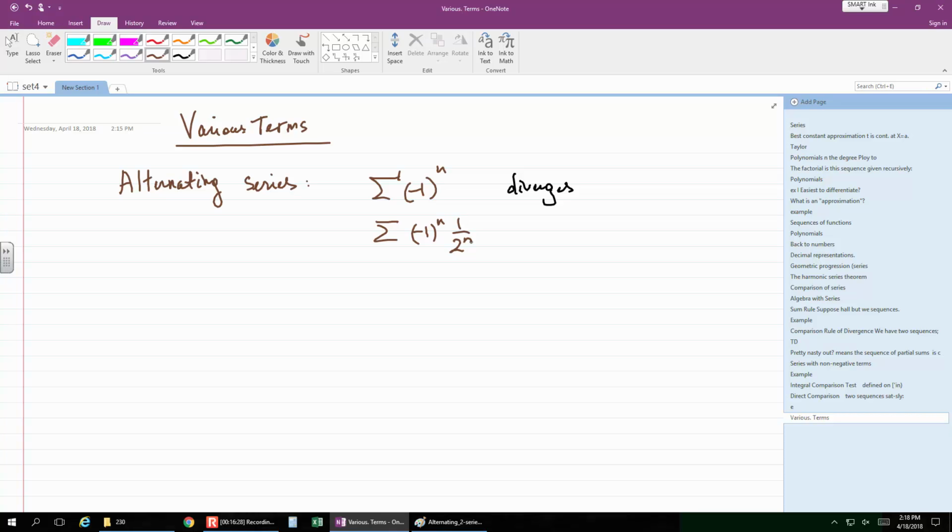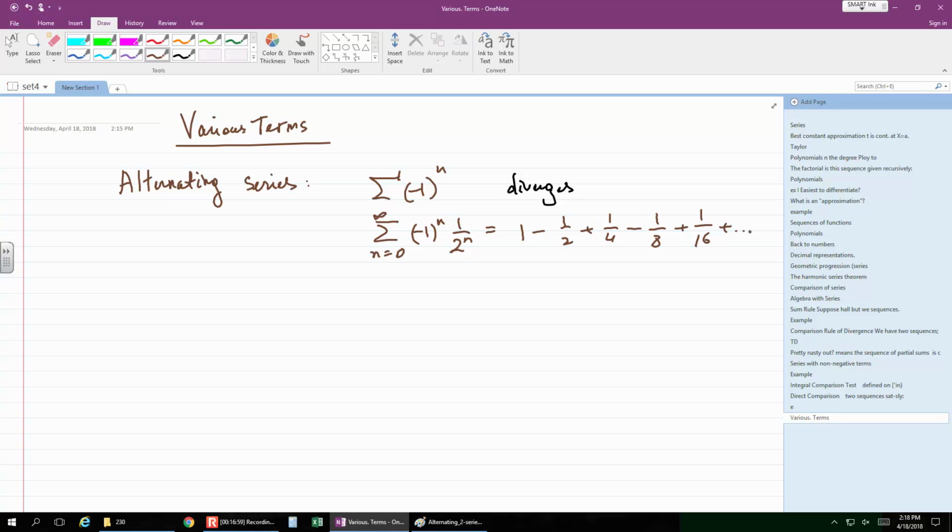Whatever follows that -1 to the n term, even if it is all positive, the sign will still alternate. So this particular series, starting with 0, is 1 minus 1/2 plus 1/4 minus 1/8 plus 1/16.